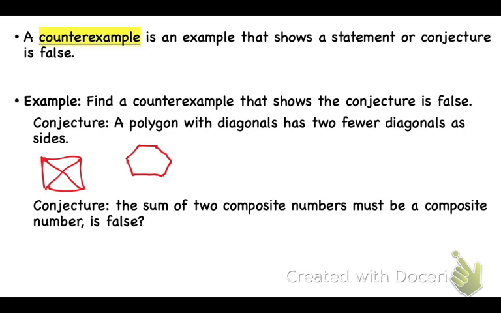Okay, so a hexagon has 6 sides, yes? That's a 6-sided figure. So that's 1, 2, 3, 4, 5, 6. So did I just prove it wrong? Yes, because this says a polygon with diagonals has 2 fewer diagonals than sides.